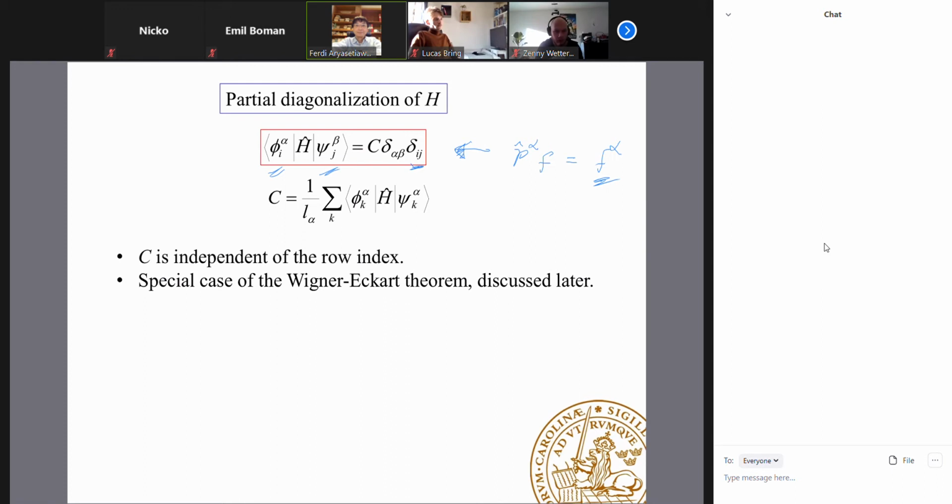So maybe I have a space here. So I have psi i alpha, h, psi beta j, like this. Sometimes I use these different notations. I think this is sometimes used in group theory books, but this is just the same as this one here.